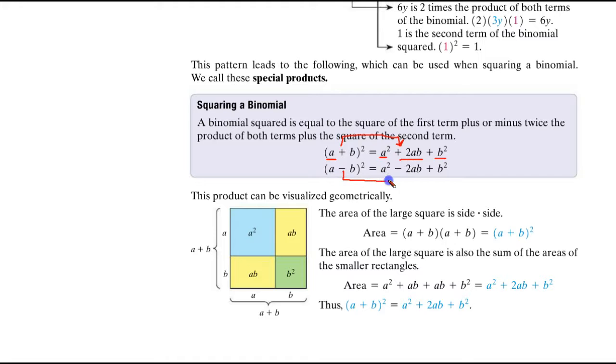If this is negative, your middle term is negative. This is a special product and is one that you should become familiar with. Okay? Now the key is if you recognize you have a perfect square trinomial, it's going to factor back into that, which is a good technique to have in your toolkit of things to do.